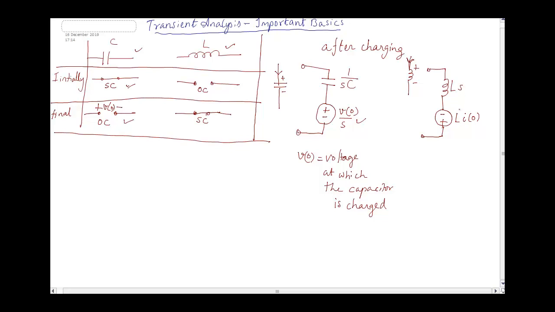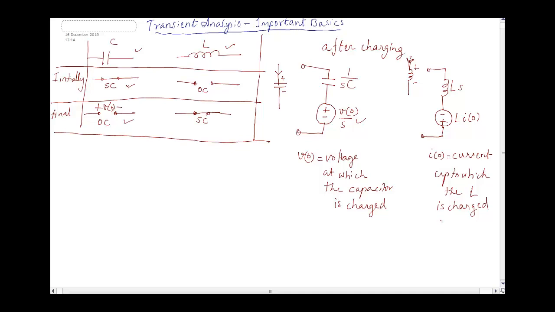Now here L we already had obtained. What is the value of I0? I0 is the current up to which the inductor is charged. How do you find out that current?